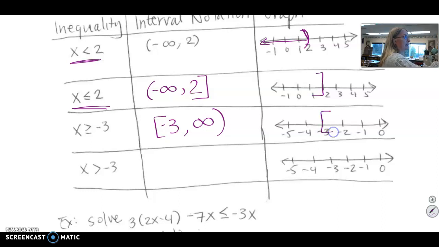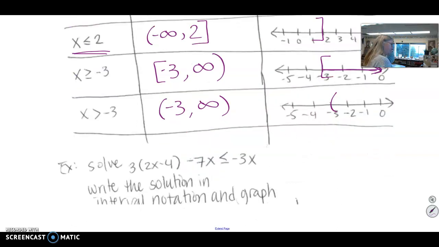So you make that square bracket. It's all those values in that direction. You really don't need to draw this line that I'm drawing because the direction of the square bracket indicates which values we're talking about. Then x is greater than negative 3 is going to look very similar, but it's going to be a round parenthesis.